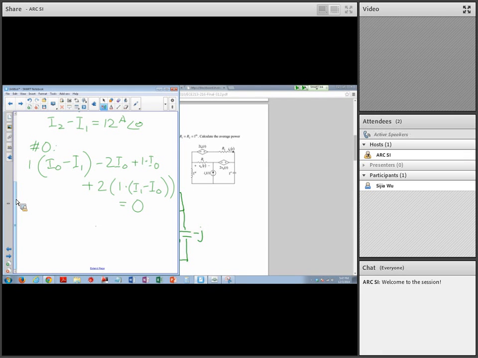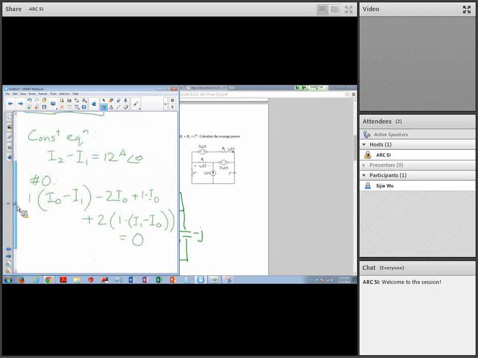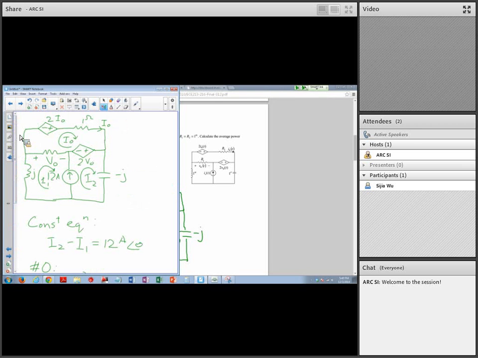That's 2 equations. You need one more. So we can do supermesh. Or we can take this mesh.